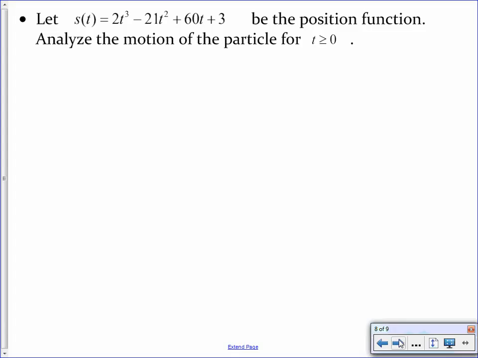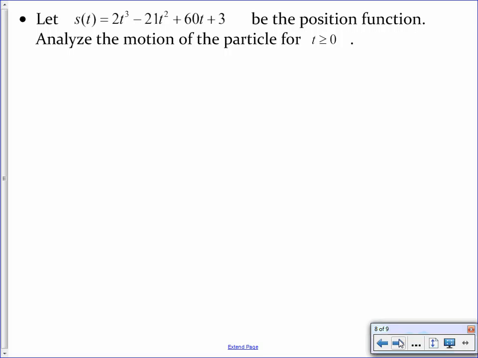Carter, what would you say our initial position is? We are 3 to the right of the origin when we begin.